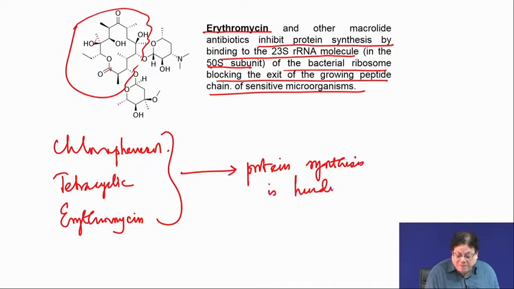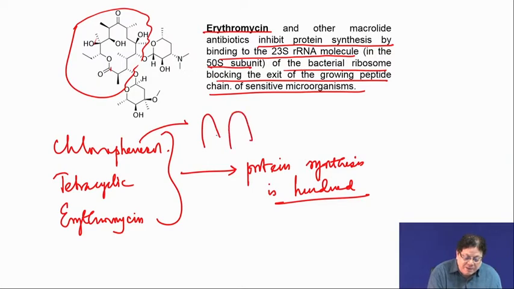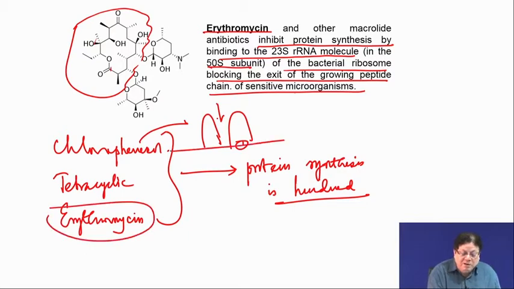Okay. That is the consequence. Only their binding pattern is different. Chloramphenicol binds in between the two sites, tetracycline binds in the A site, and erythromycin binds somewhere in this ribosomal subunit, which does not allow the growing peptide chain to exit. Okay. So, those are the mechanisms.